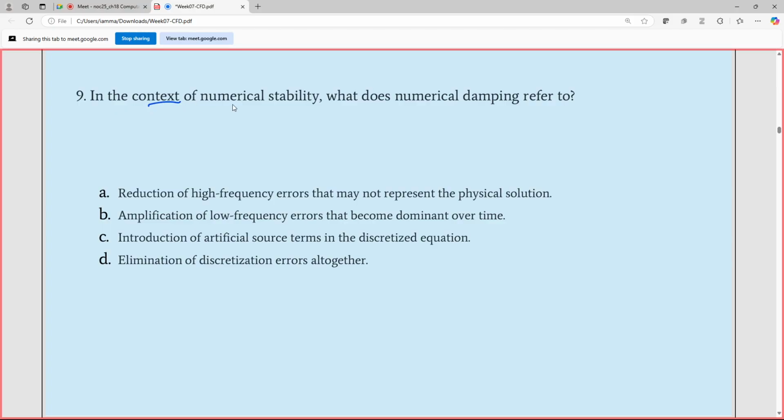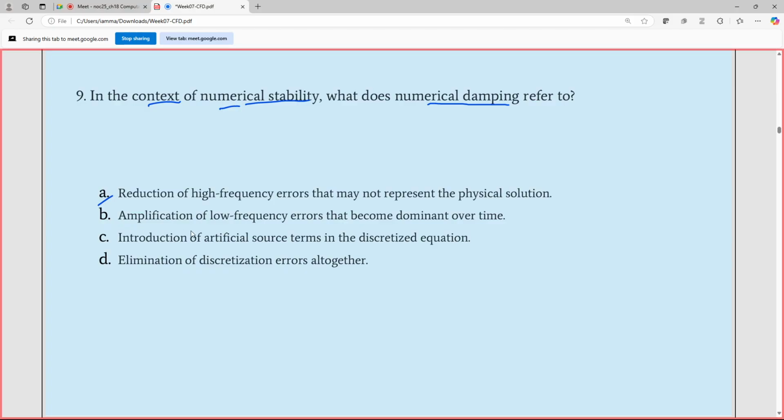In the context of numerical stability, what does numerical damping refer to? We have discussed what numerical damping is in previous sessions. Options are: option A, reduction of high frequency errors that may not represent physical solution.